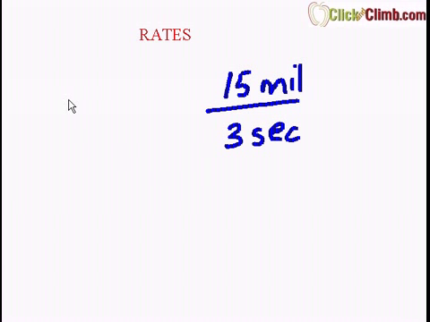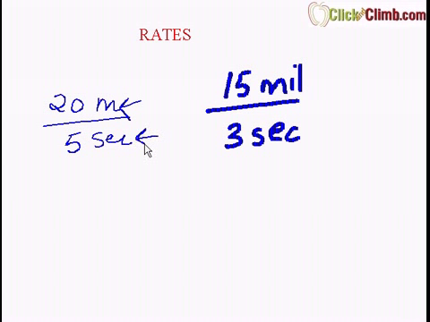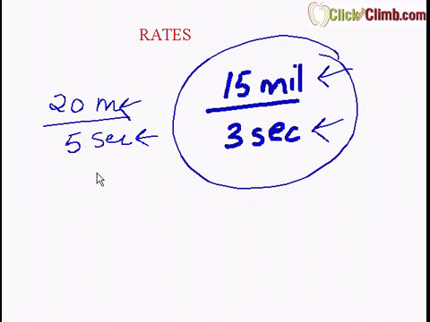We can have another two units such as 20 meters and 5 seconds. Again, this is meter and this is second, this is miles and this is second. So a rate is nothing but a ratio of two measures having different units.